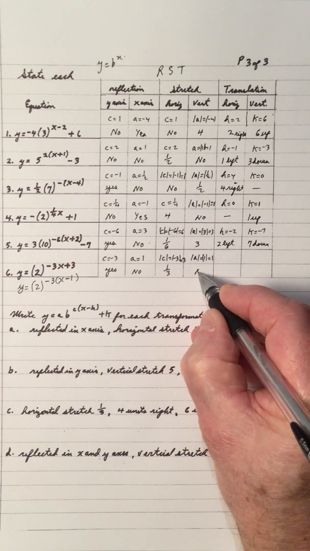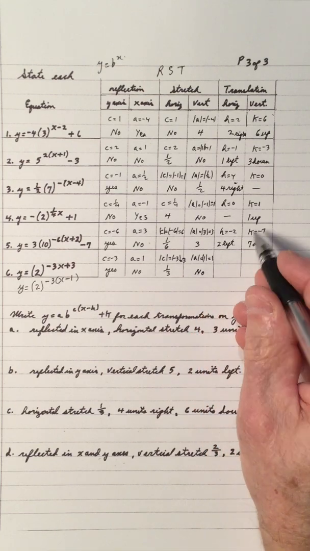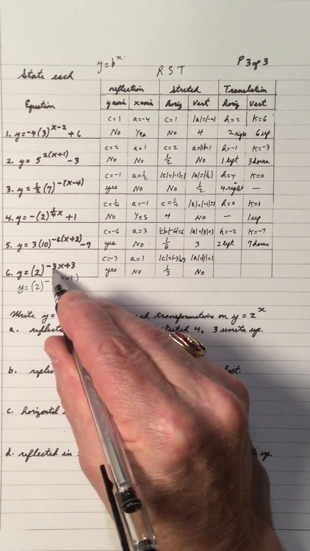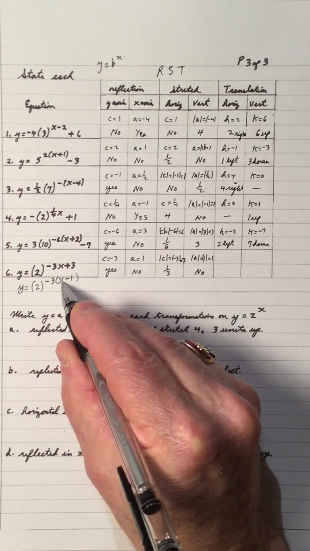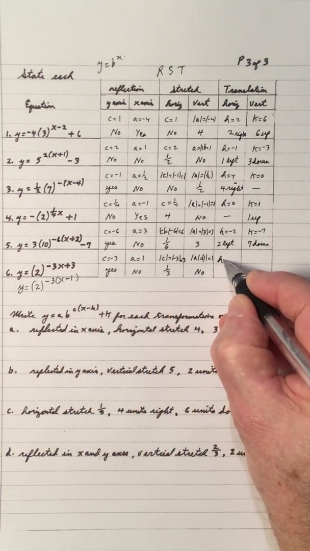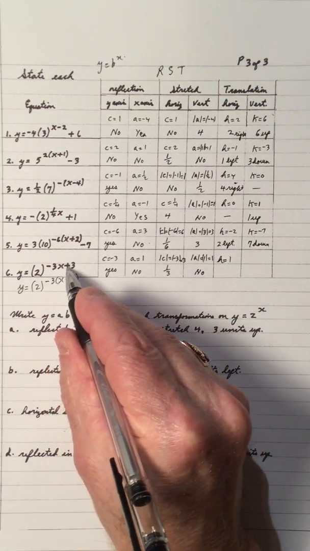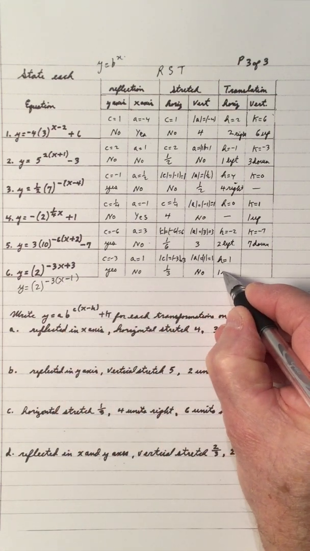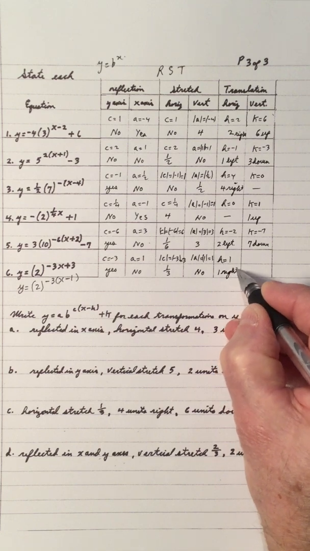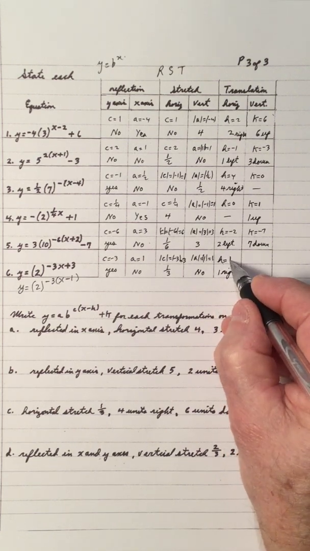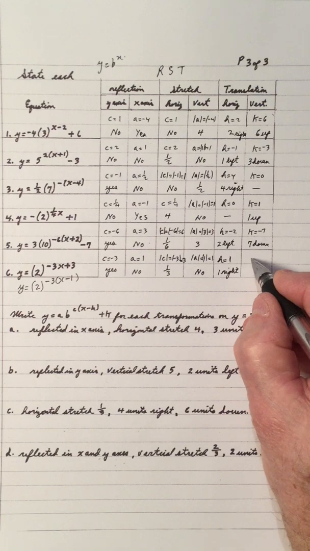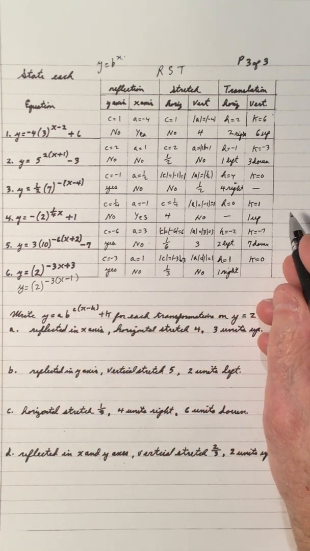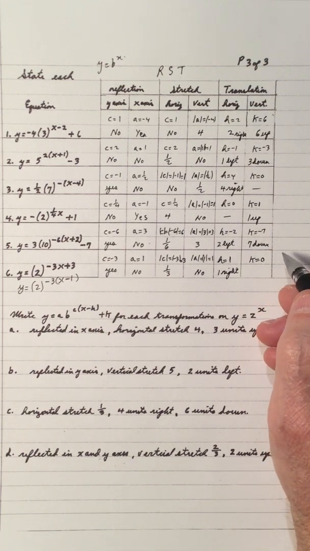So that means there's no stretch. And for the translation, notice I had to factor out the -3 to get this bracket. So now I'm looking at h is 1. So that means it went 1 right. Horizontal is left and right. Positive goes right, negative goes left. And there's no value of k here, so k is 0, so there's no vertical translation.